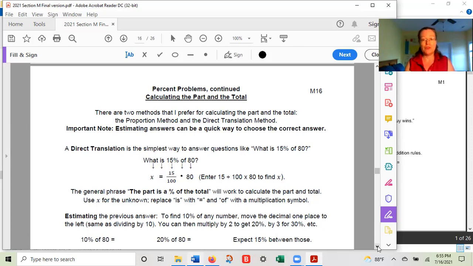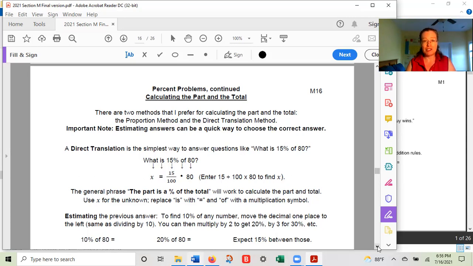For example, on the next page, and when we do ones with the circle graphs, or problems where they give you a bunch of percents together, those inevitably will end up with something similar to what is 15% of 80. So keep in mind that doing a direct translation will be the quickest way of solving this type of problem.